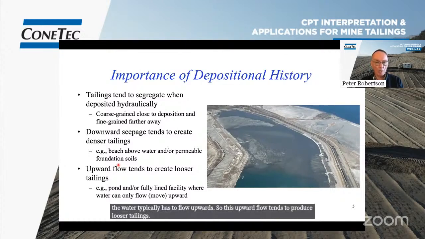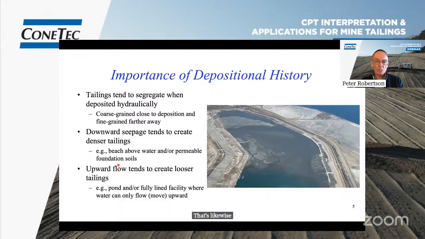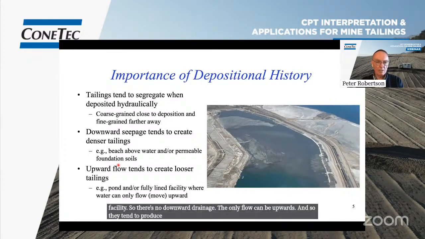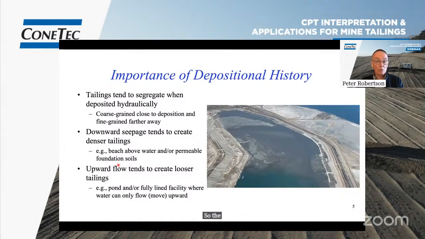And that's likewise true if you have tailings where you might have a fully lined facility, so there's no downward drainage, the only flow can be upwards, and so they tend to produce extremely loose tailings. So the depositional technique and the depositional history has a big role to play in the resulting tailings that you tend to get.